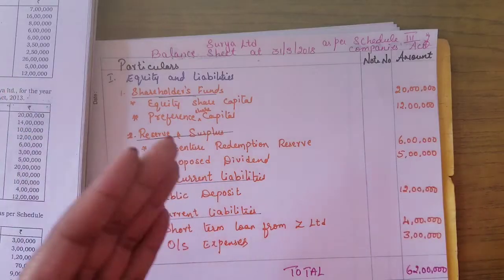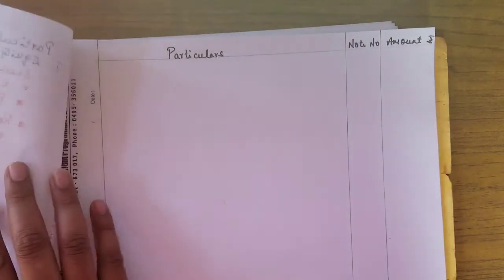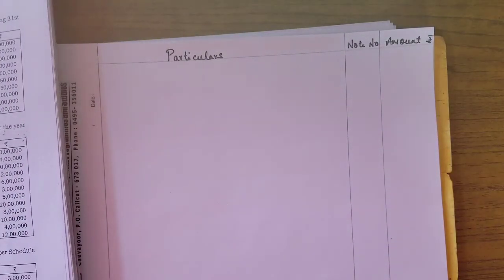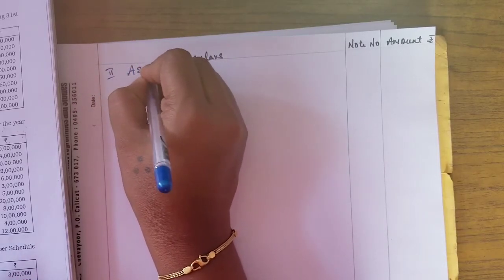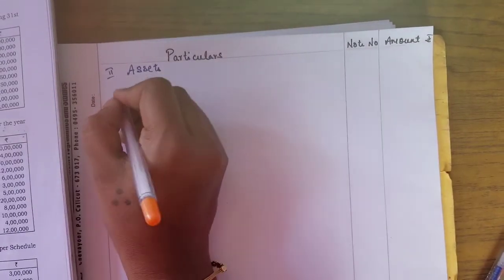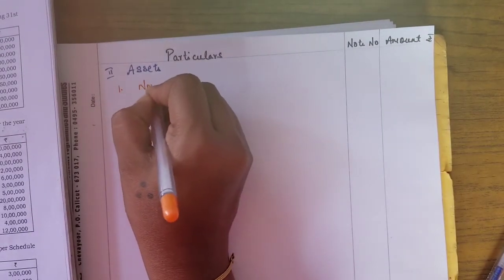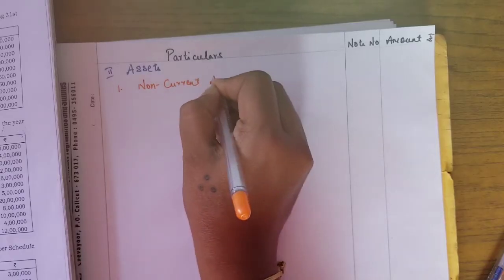Still we have the second portion related to the assets. Let us prepare the assets now. The second part, we talk about all the assets. So what is the first item? Under the assets we will be writing non-current assets.